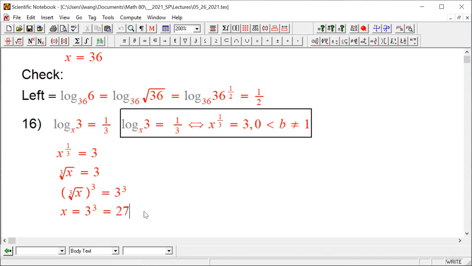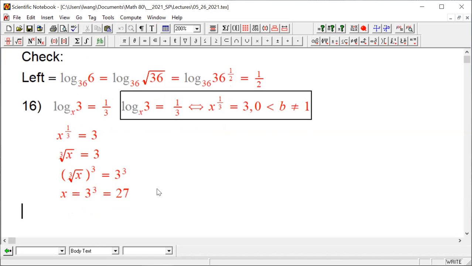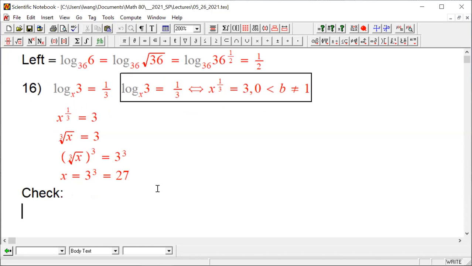So let's check our answer. We have the left-hand side, log base x of 3. X is 27, right?